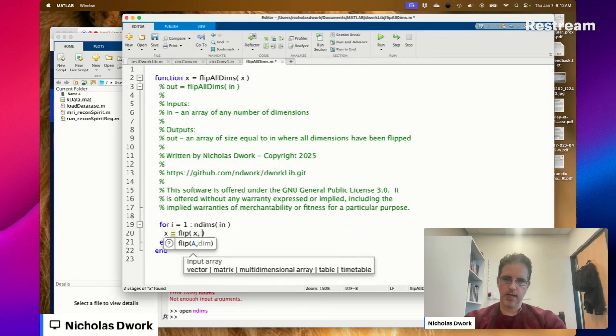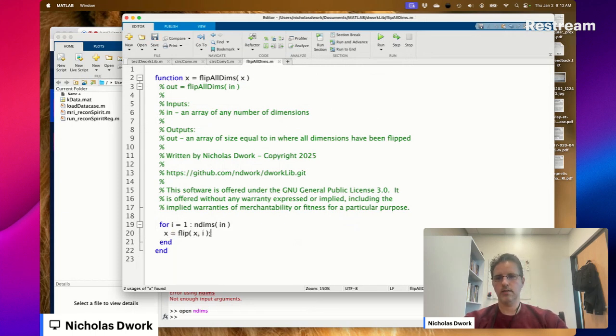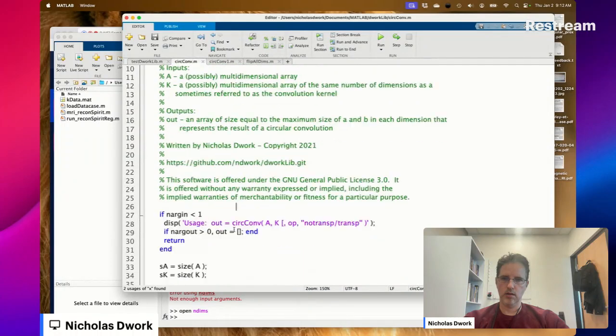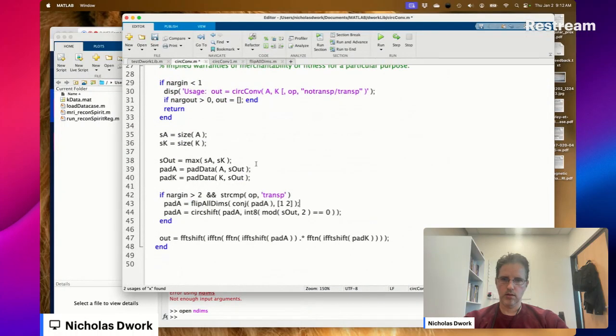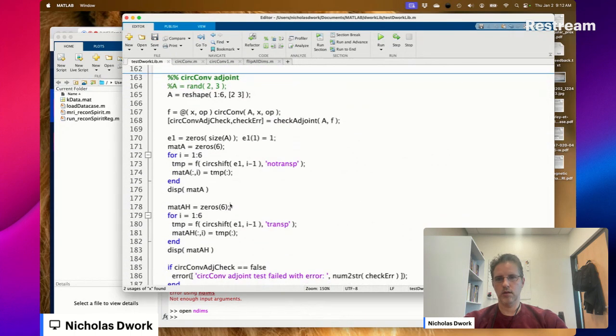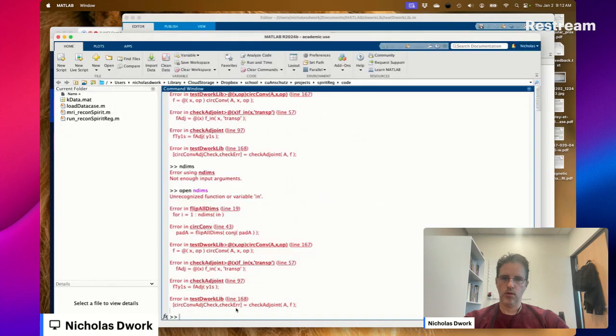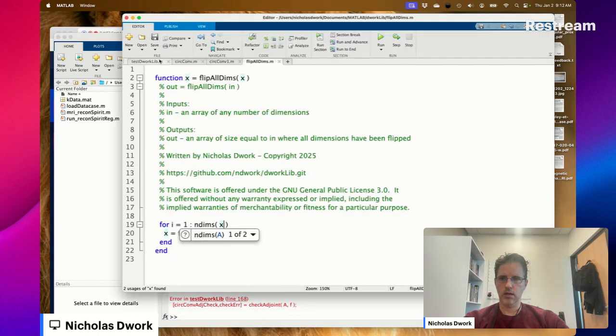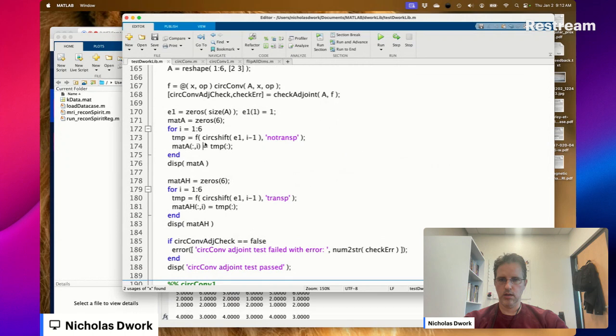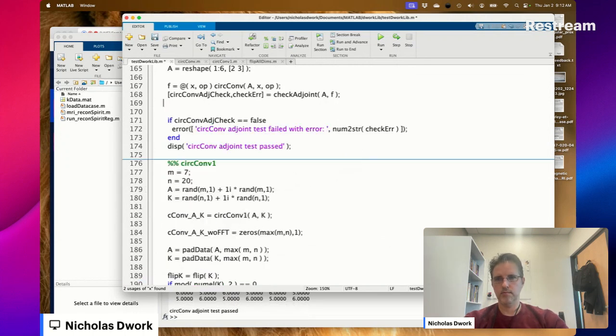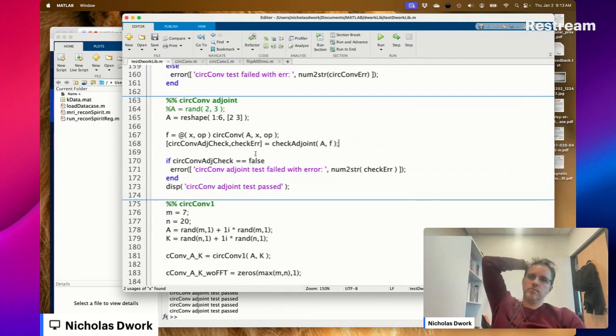X equals flip xi. Does that work? No? Passes. Okay.